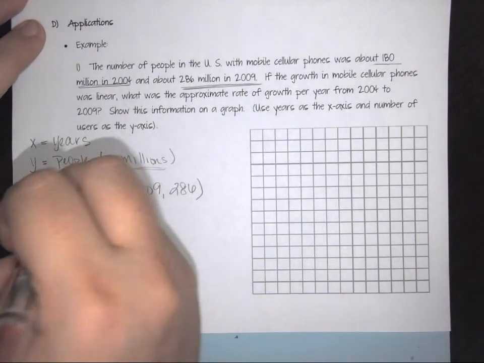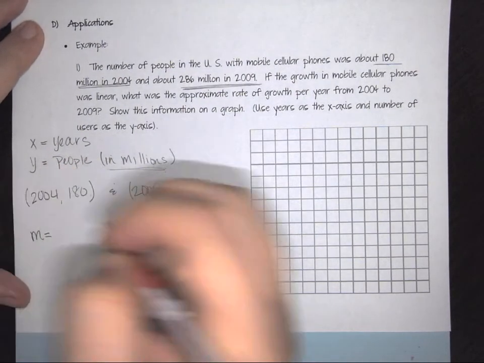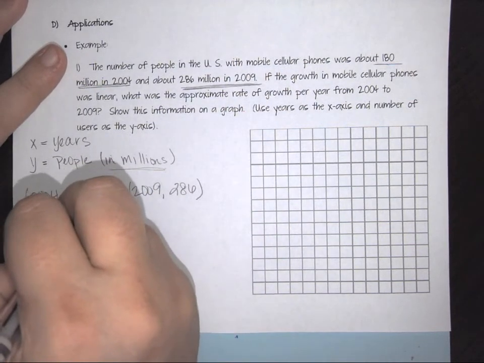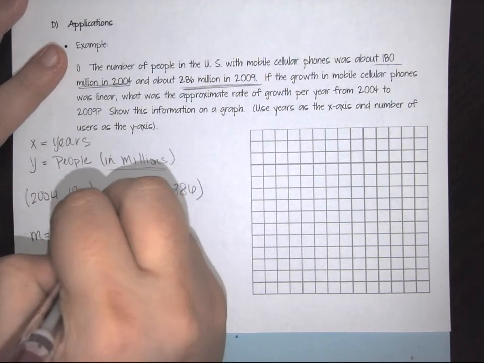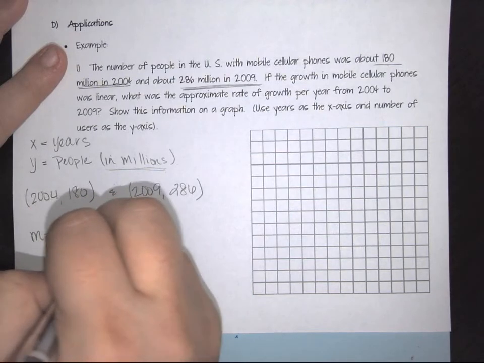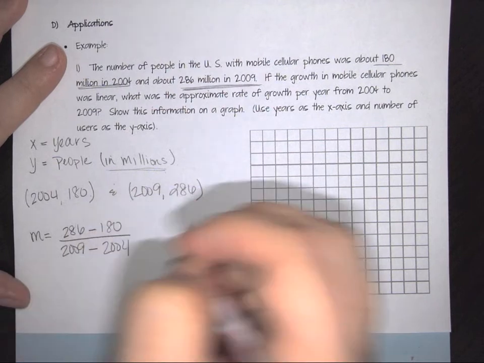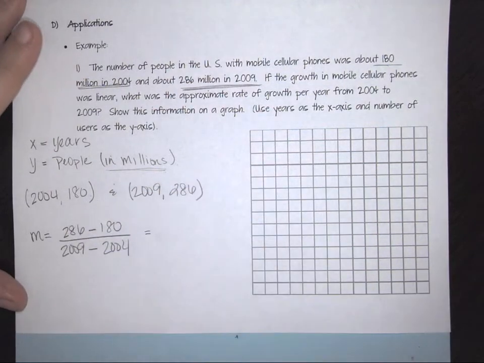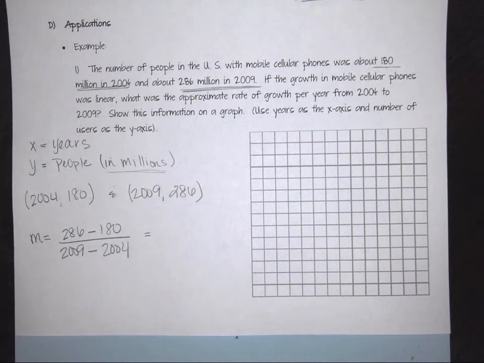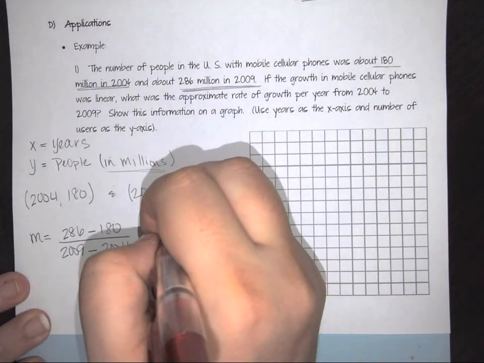So now I can find my slope, and so here I can do 286 minus 180 over 2009 minus 2004. And when I do that, the easiest thing for you to do first is you're going to want to reduce your top and reduce your bottom separately.